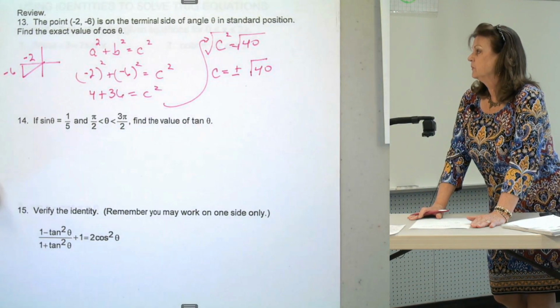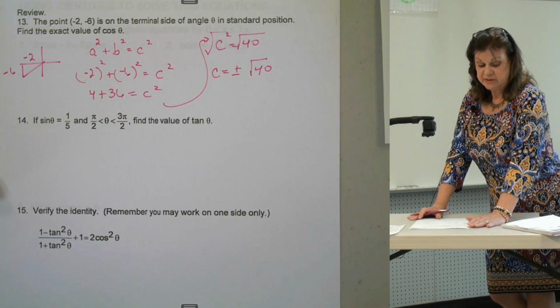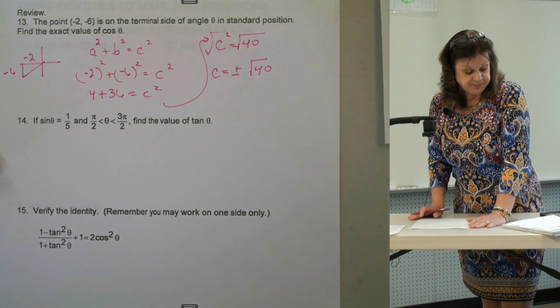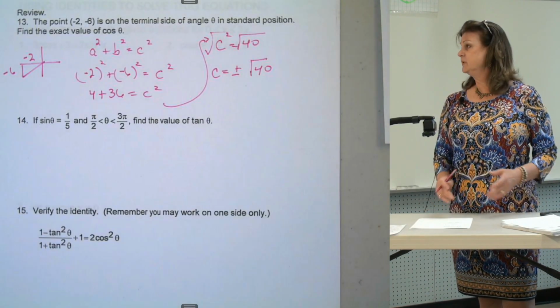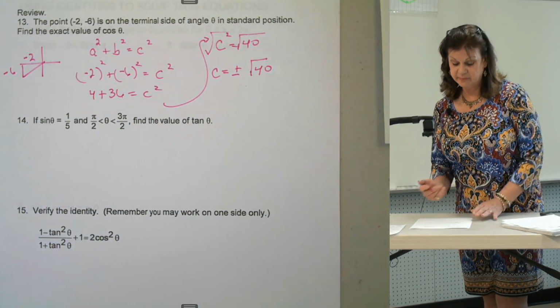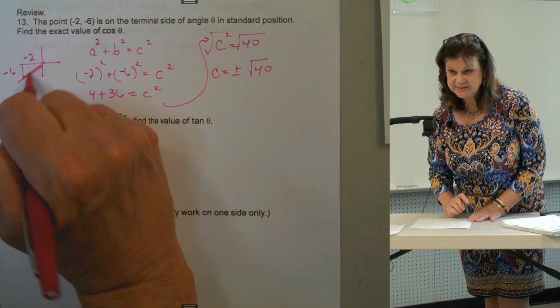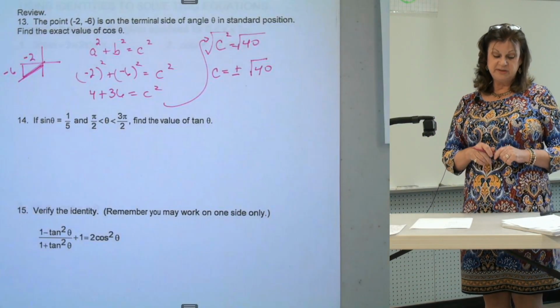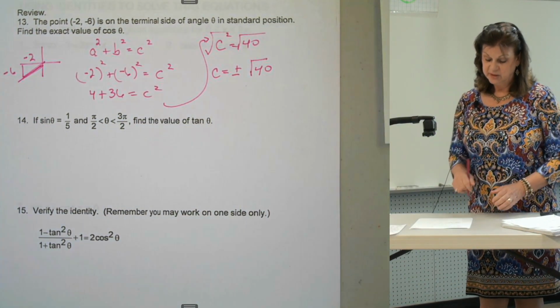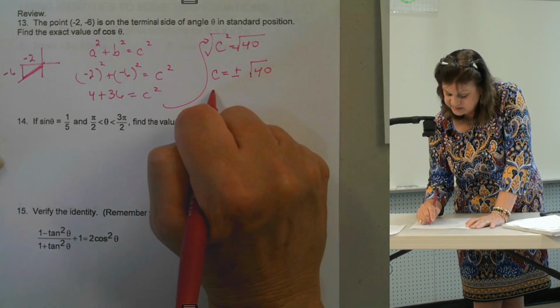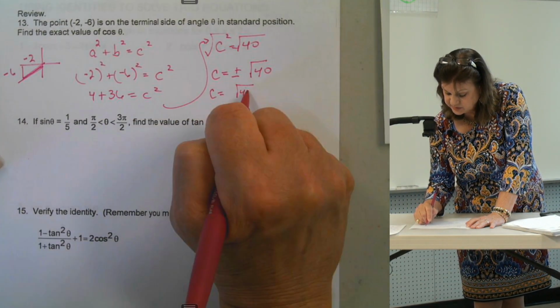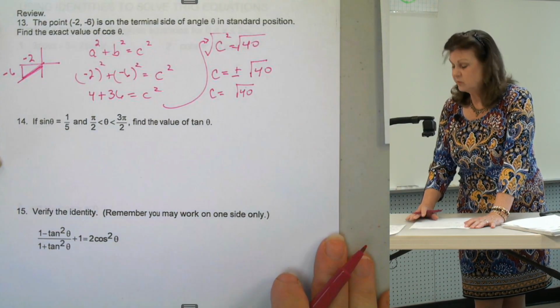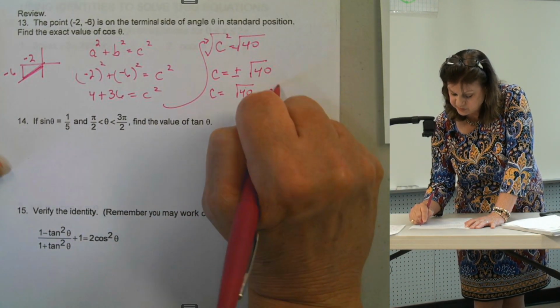Okay. You'll notice I said c equals plus or minus square root of 40, but can that be true? Well, clearly it can't, because if you remember, r is a distance. It is always going to be positive. So in this case, c will only be square root of 40, or if you want, 2 square roots of 10.